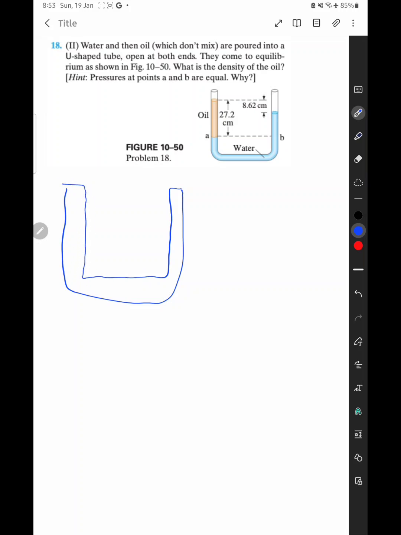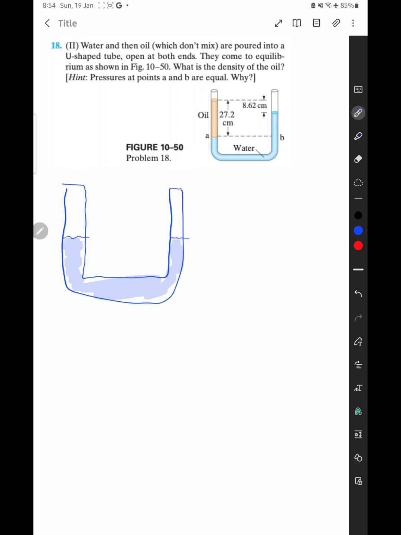Let's imagine first that there's water filled up to a certain amount. All right, you know that they have to be at the same height, right? Because there's equal pressure pushing down on both sides, just atmospheric pressure, right?